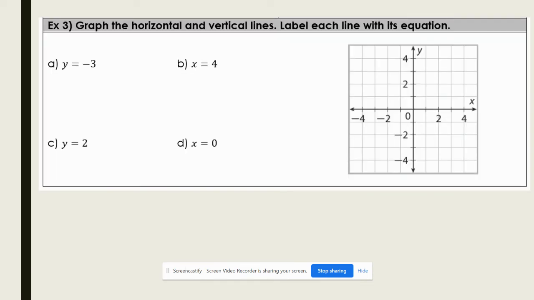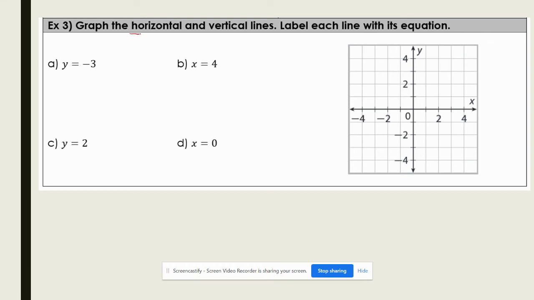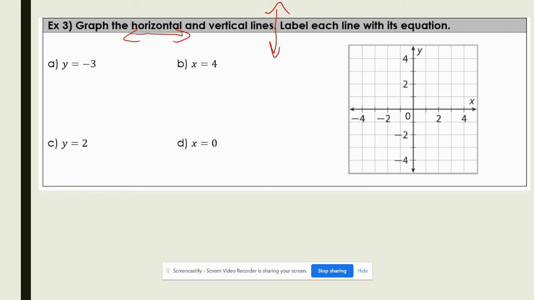Skipping over to example 3, graphing horizontal and vertical lines. Remember that horizontal lines go this way, left and right. It's flat. Vertical lines go up and down. Horizontal lines are y. Vertical lines are x.